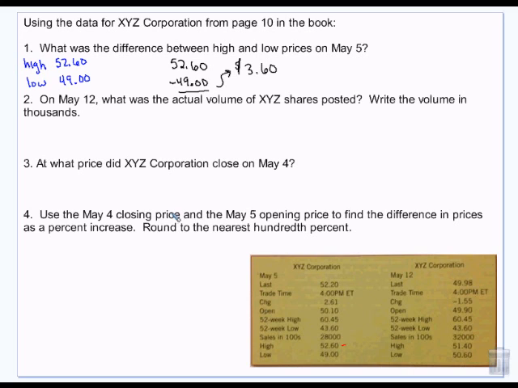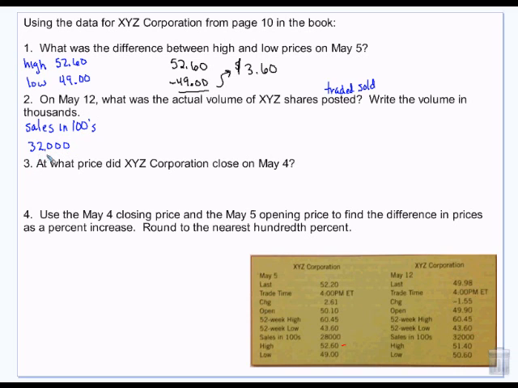On May 12th, it says, what is the actual volume of XYZ shares posted? Okay, so posted means sold. So traded or sold, those all mean the same thing. If I look down here, it says sales in the hundreds, and that is 3, 2, 1, 2, 3.